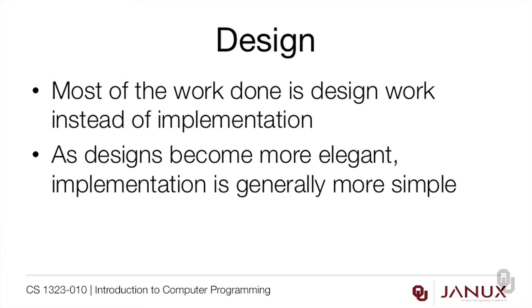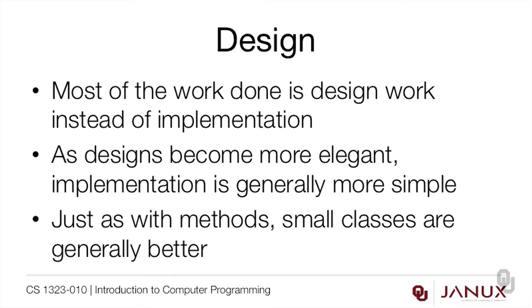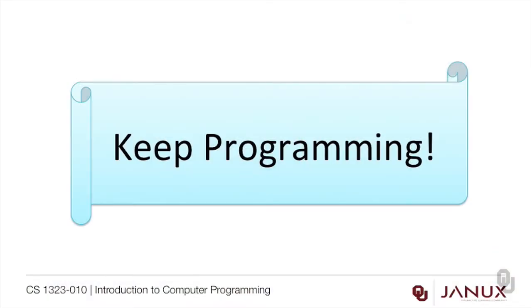As the designs become more elegant, though, the implementation generally becomes more simple. So when you have a class that you're having a difficult time implementing, often it's because the design is wrong, more than that the code is wrong. So just as with methods, small classes are generally better than large classes. And again, making classes too large is a mistake that beginners tend to make. So keep programming.